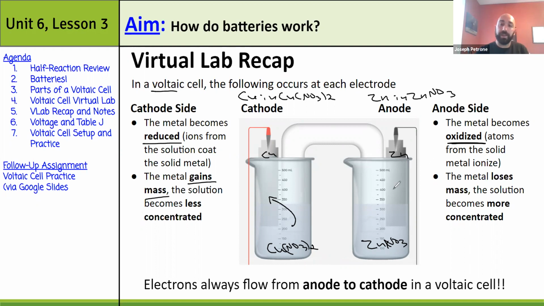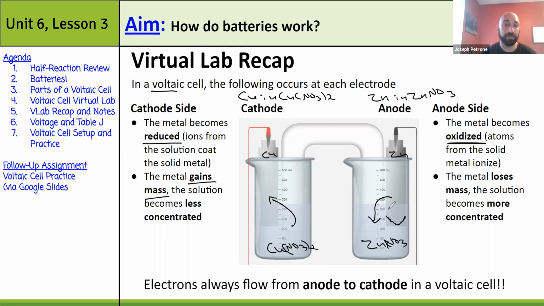The atoms on this metal bar, when they oxidize, turn into zinc ions. You may have noticed that it changed shape and lost some edges around here. That metal actually lost mass because the zinc atoms turned into zinc ions. This allowed the solution to become more concentrated. So the bar itself loses mass and the solution becomes more concentrated.